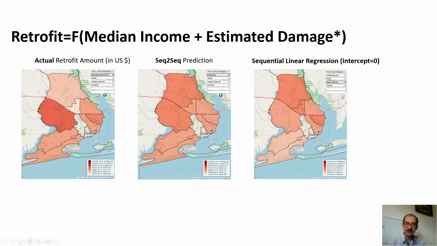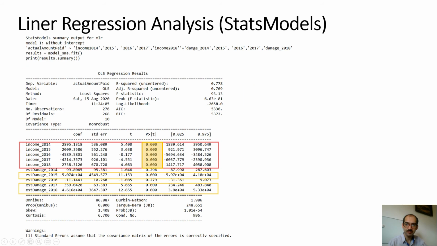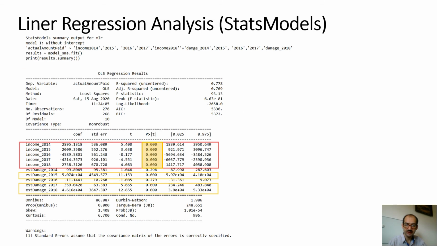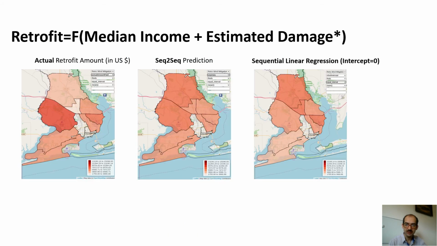And it turns out that it is not significant. So I used a different method, setting the intercept to 0.